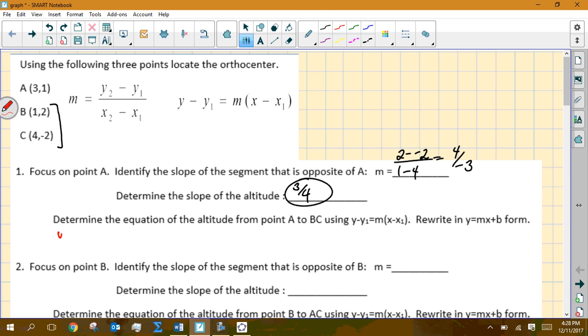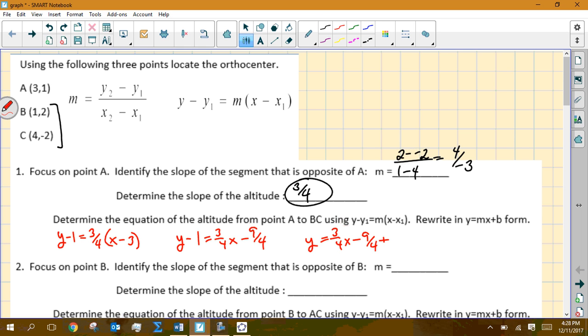So we're going to go y minus y1, the y coordinate from A, so it's 1, is equal to the slope, 3/4, times x minus x1, x1 being the x coordinate from point A, so minus 3. That gives me y minus 1 is equal to 3/4 x minus 9/4.